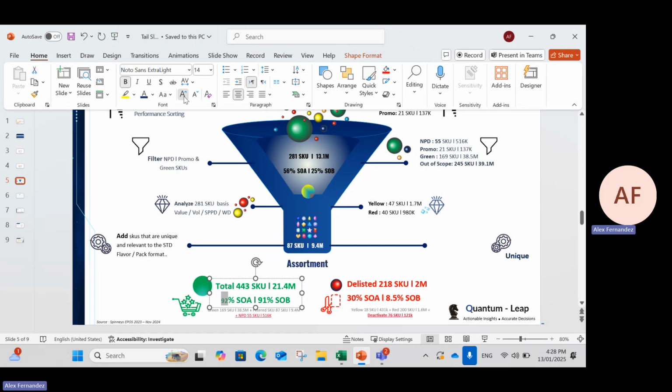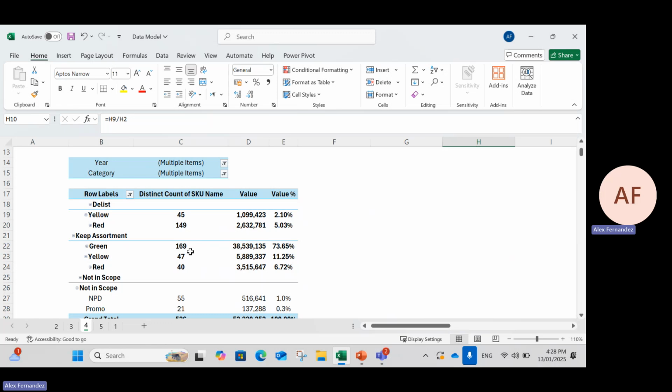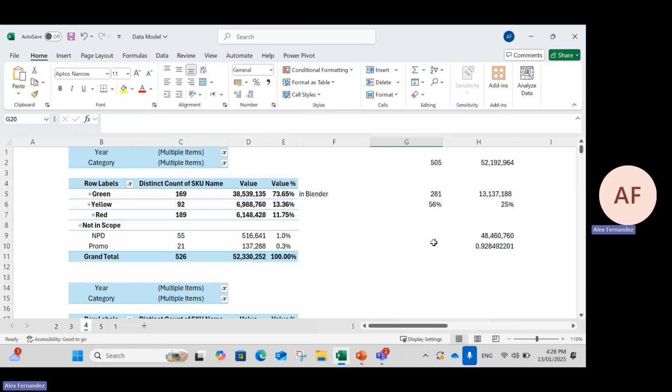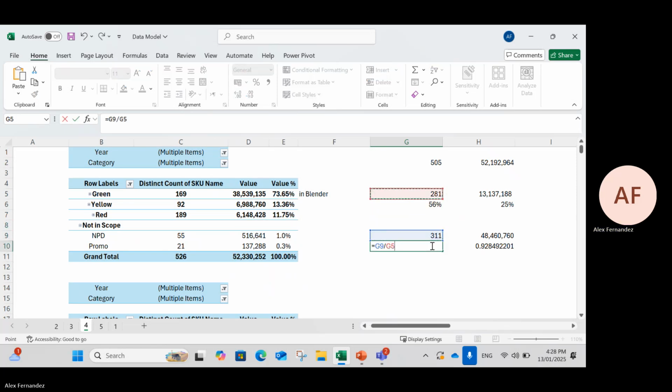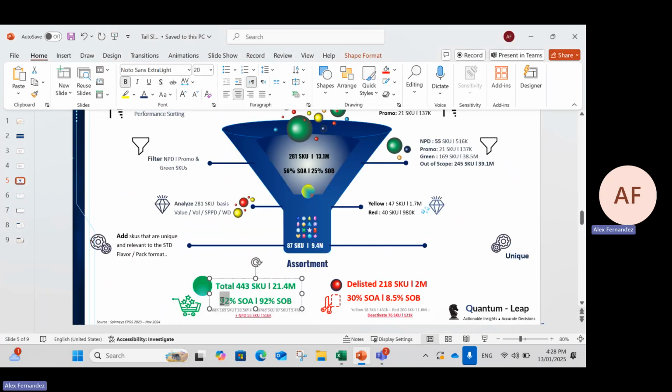Sorry, 92% share of business. And for the share of assortment, we calculate the number of SKUs. So it's 256 plus 55, that's 311. So 311, that is 61% share of assortment. Generate 92% share of business.